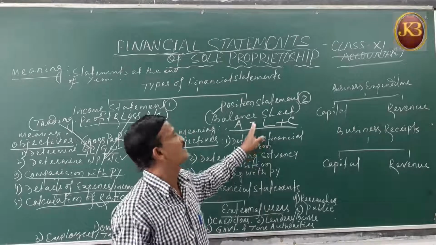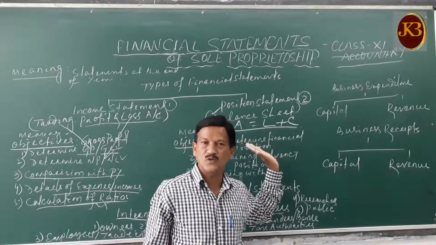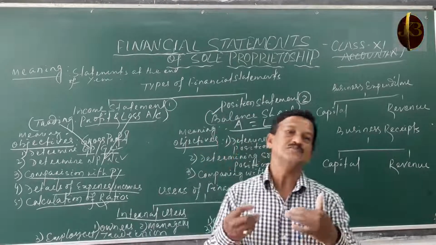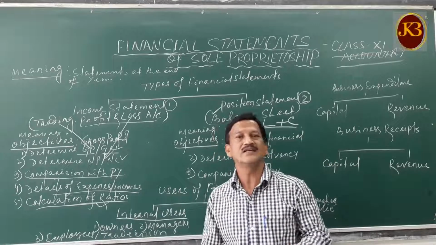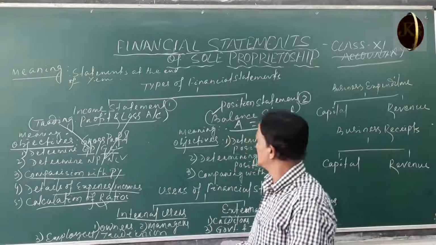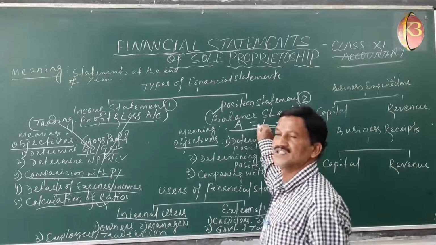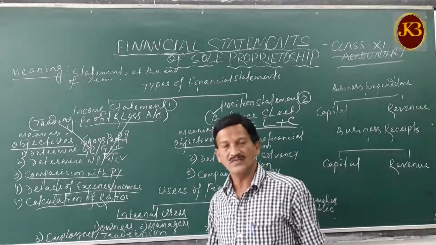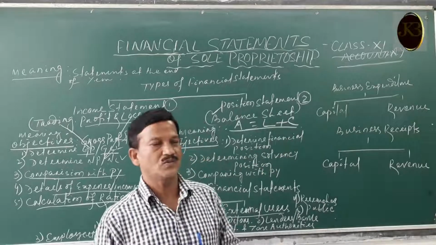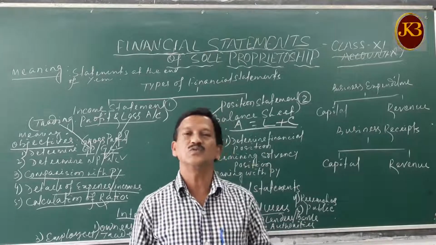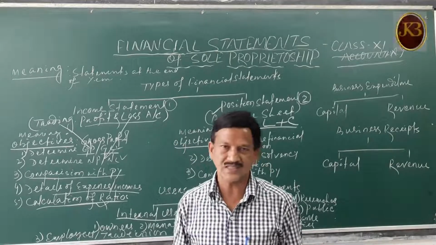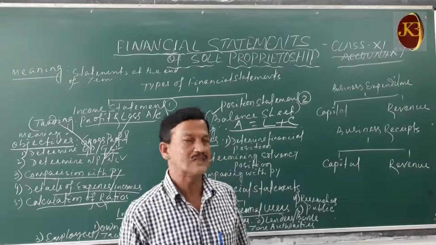If there is an imbalance, that means your business is not in a good position. Either there is an improvement of the results or a decline in your performance. So it should always be balanced, it should not be unequal. That is the statement prepared at the end of the year to know the financial position of the business. That is called the balance sheet.